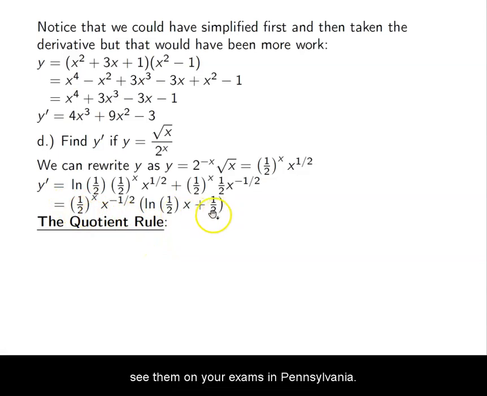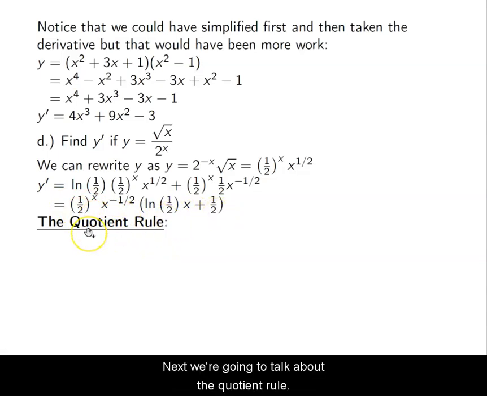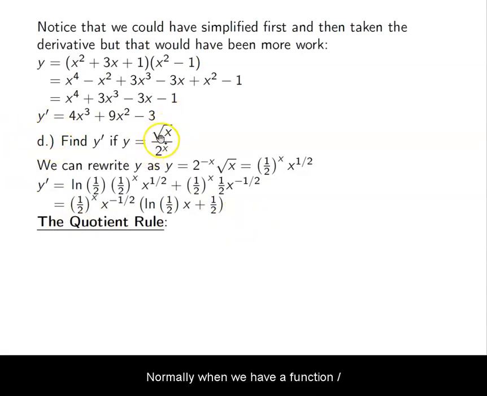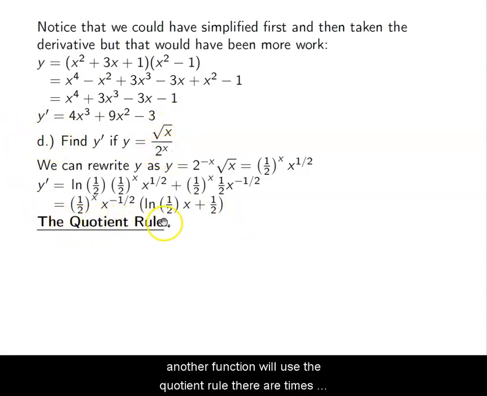Okay, so next we're going to talk about the quotient rule. So the quotient rule is actually how we would normally approach number D, the one we just finished. Normally, when we have a function divided by another function, we use the quotient rule. There are times when we may prefer to change the way that they look so that we can write them in a form where the product rule is easier to use.